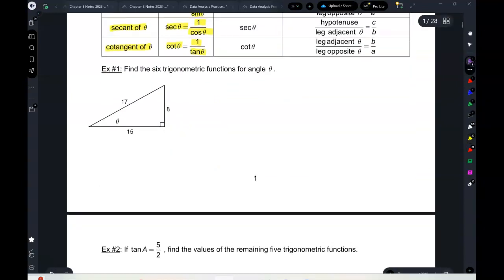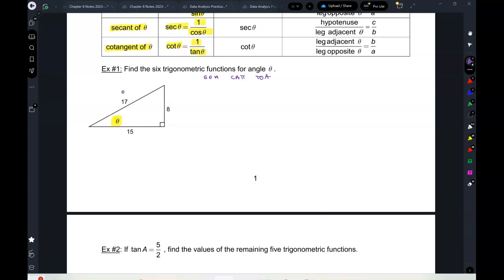Okay? All right. So let's do this. It says to find the 6 trigonometric functions for angle theta. You have to be given the angle for which you're finding them. Otherwise, none of this works. So basically, we're going to do SOHCAHTOA, right? Okay, so this is the angle theta. I would highlight my angle first. Then what I would do is label the sides.